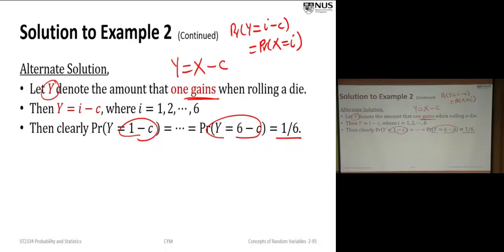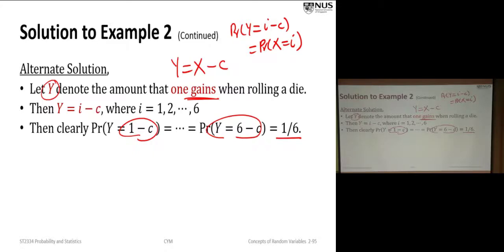Alternatively, I look at it in a more structured way. I define a random variable Y, which is the amount that he gains, which is the difference between what he gets and what he pays out. What he gets is X. What he pays out is C, so it's X minus C. So Y is a random variable. The next question is, what are the values of this Y and what is the probability for given values?